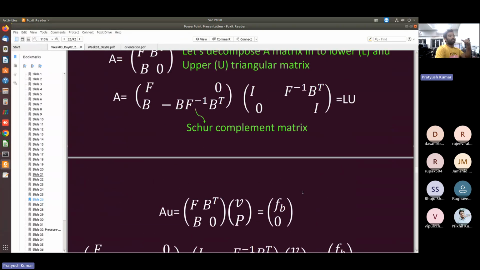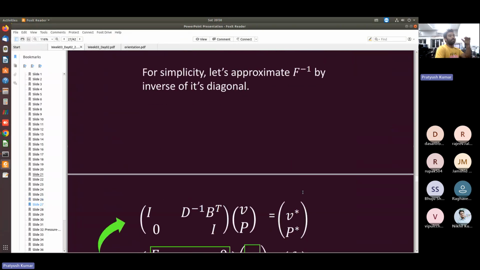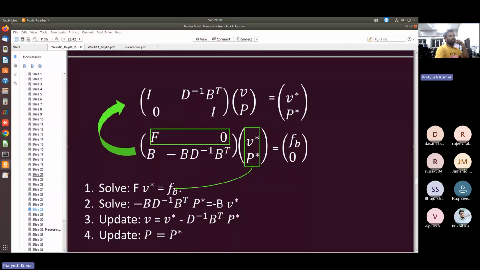This approach can be summarized in 4 steps. First, taking the initial boundary condition in this complete matrix, we first solve for V star. You can see that the term F into 0 and this V star is going to give you F V. First we solve F into V star equal to F V, the body force.